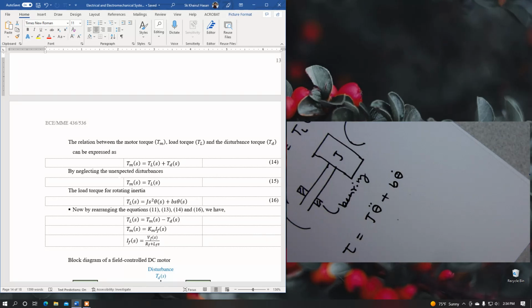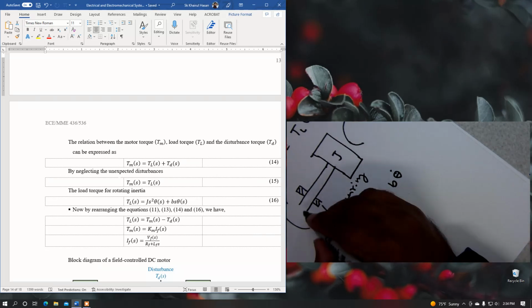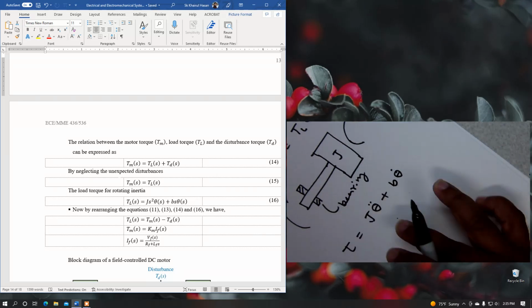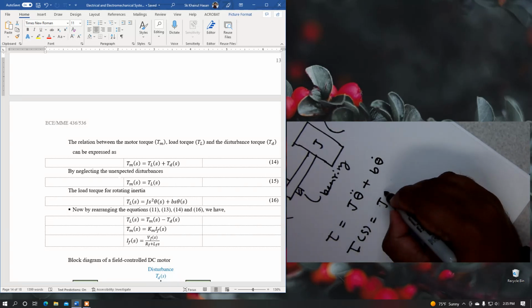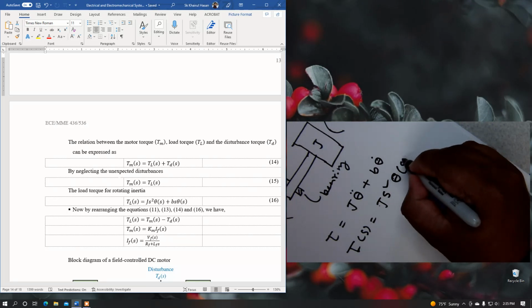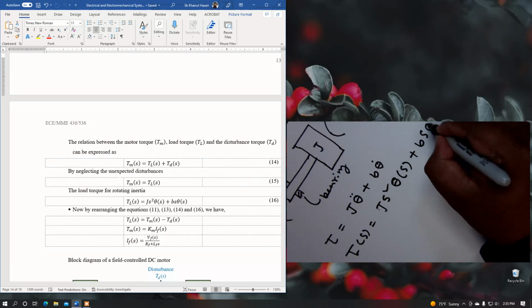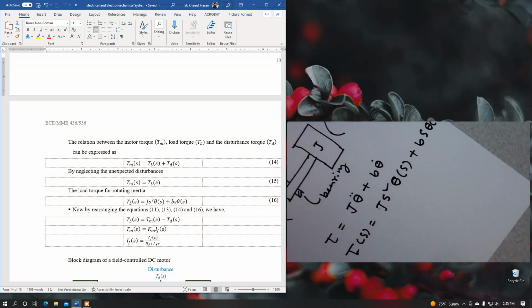Here b is the friction coefficient, theta dot is the angular velocity and theta double dot is the angular acceleration. So we can write tau(s) equals J s square theta(s) plus b s theta(s).